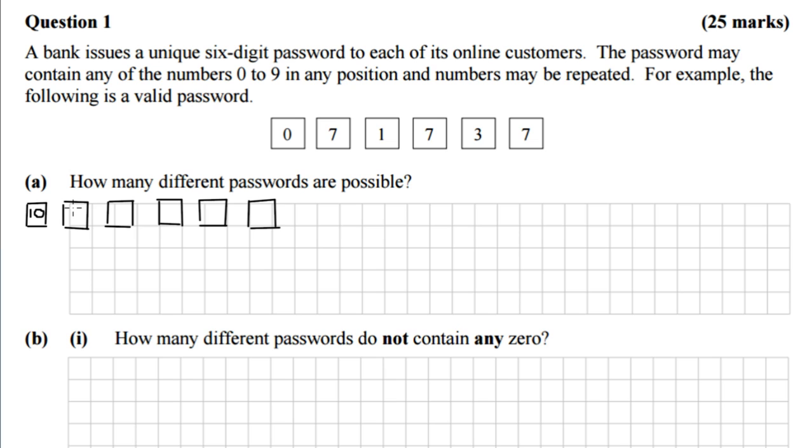For the second box, because I can repeat digits, I've again got 10 choices for this box. And the same for the next box. And all the way along, I've got 10 choices for each box. Now for each of the 10 choices I have there, I've got 10 here. So we're going to multiply those. 10 by 10 is 100.